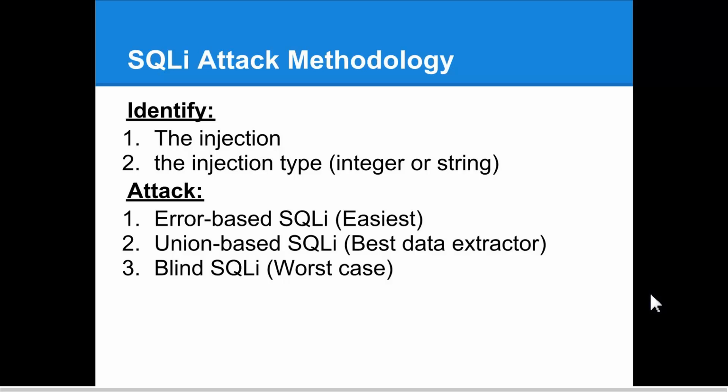Then when you're attacking, you have to decide whether or not you want to use error-based SQL injection, which is the easiest to do. You just simply have to cause an error. But it doesn't necessarily tell you that much. It just tells you there's a SQL injection vulnerability there, and nothing else usually. Then there's union-based SQL injection, which, as I showed you, in theory can be used for discovering what the original SQL statement looks like. And there's blind SQL injection.